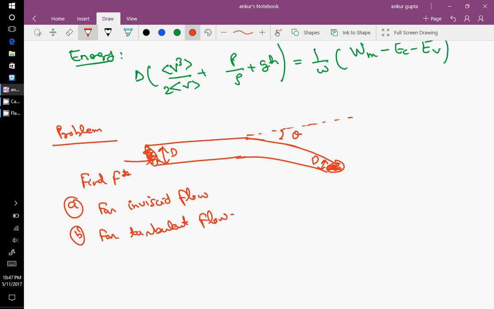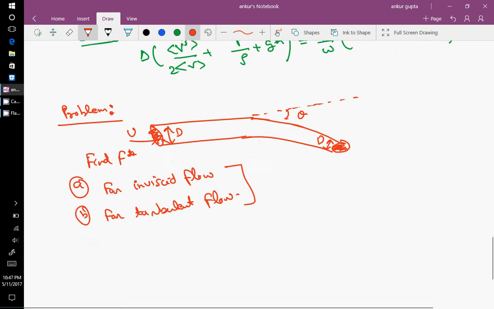Okay, so this is what we are asked to find, and we have been given the velocity at inlet as u. So how will we go about such a problem? We have been asked to find F star for inviscid flow and for turbulent flow.